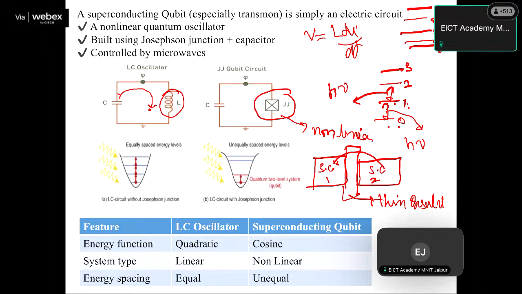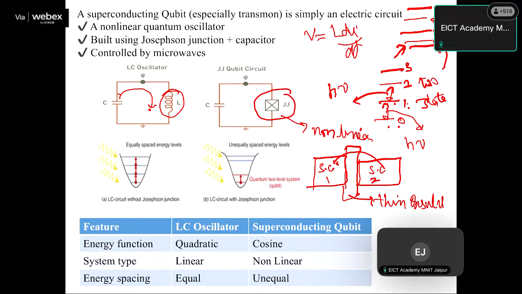So now, when a microwave of a certain frequency hits the circuit, it will excite only one state, that is the state whose frequency resonates with the frequency of the microwave. So in this way, I can isolate any two states where I want the transition, whereas in the conventional LC circuit, I cannot isolate the two states.